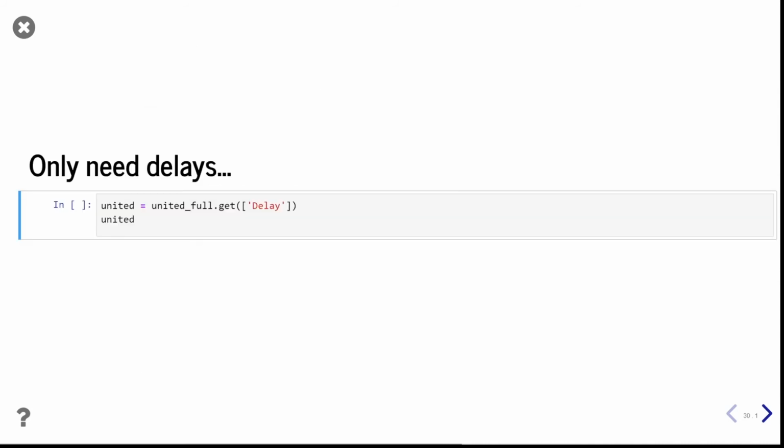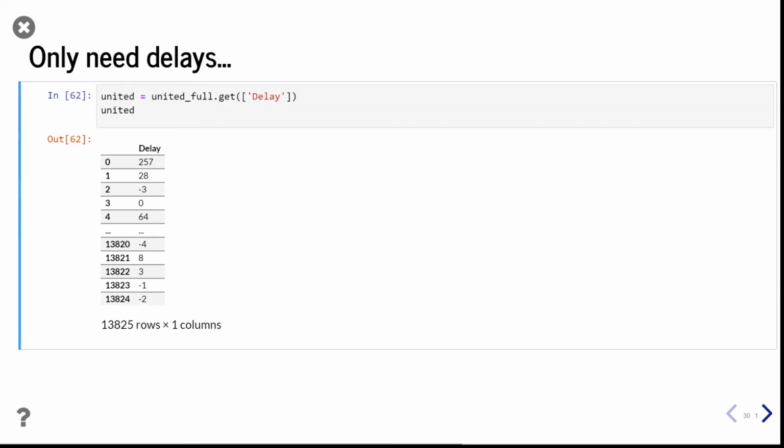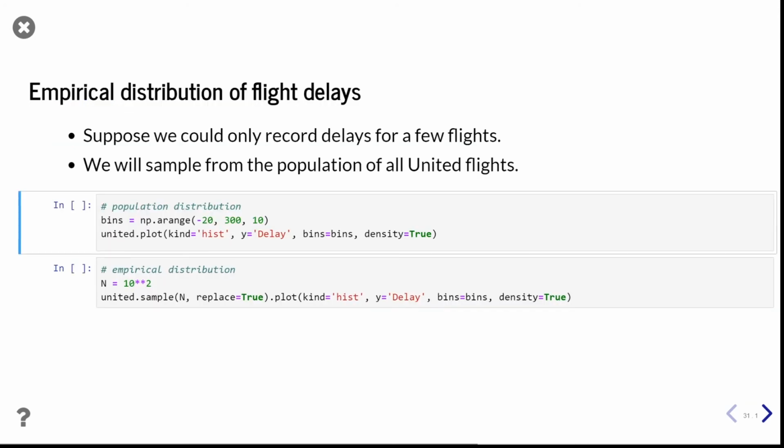Okay, we only want the delays for now, so let's get just the delays. So now I have a table with one column, which has the delay. Okay, so we're going to imagine that that is the population. Those are all of the United flights between June 1st and August 9th that left San Francisco International. That's the population. But suppose we don't have the ability to get all of that data.